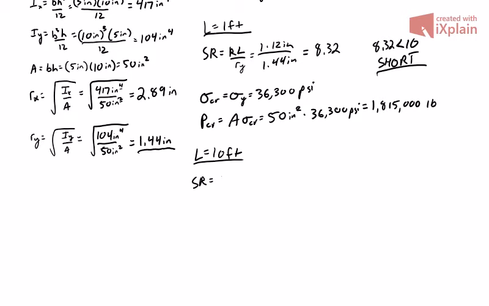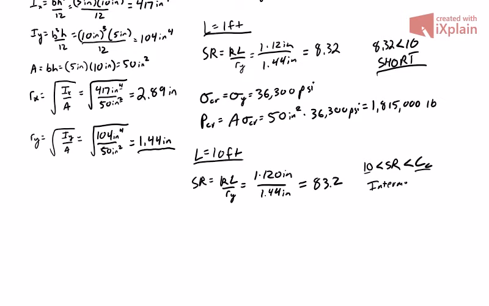So again, slenderness ratio, K times L over R sub Y, 1 times 120 inches over 1.44 inches. You might have just noticed that this is the slenderness ratio from the previous one multiplied by 10, so 83.2. So 83.2 is in between 10 and our C sub C value, so that tells us that this is an intermediate column.